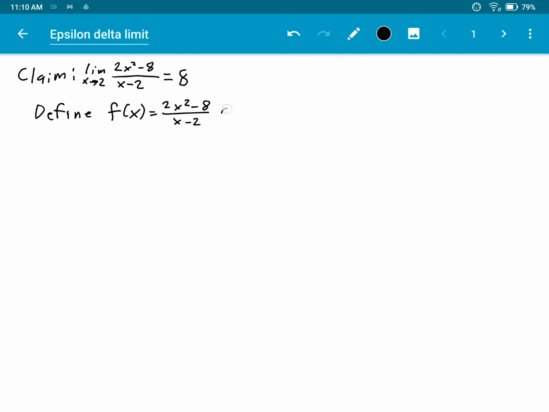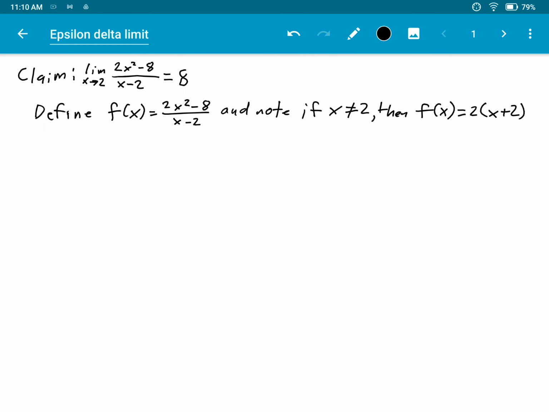And note that if x is not equal to 2, then f of x is equal to 2 times (x plus 2). And that's just by factoring the numerator and the denominator and canceling the x minus 2 out. So if x is not equal to 2, then we can simplify this to just 2 times the quantity x plus 2.